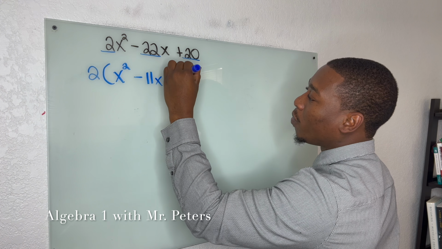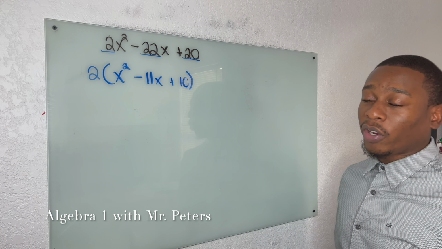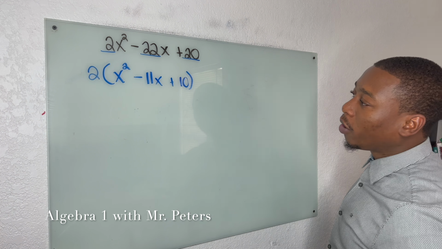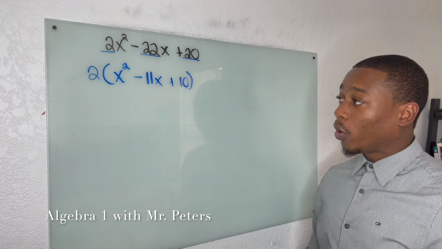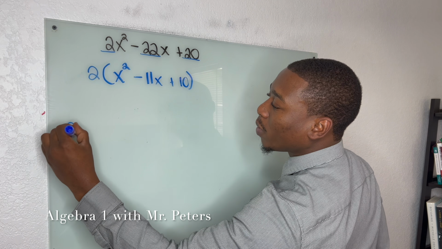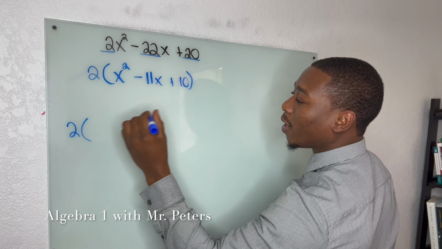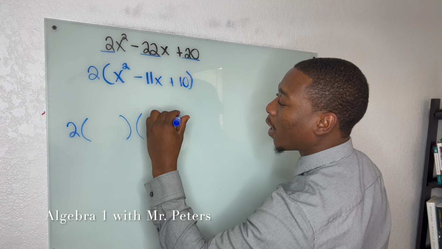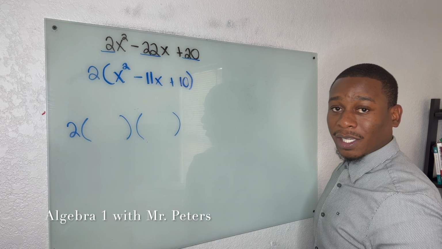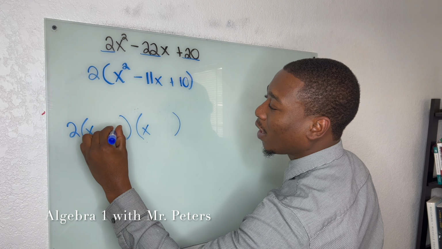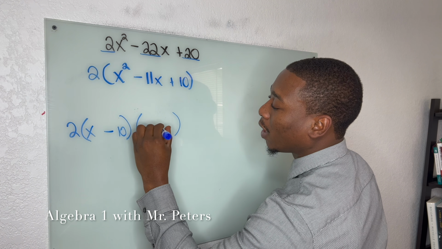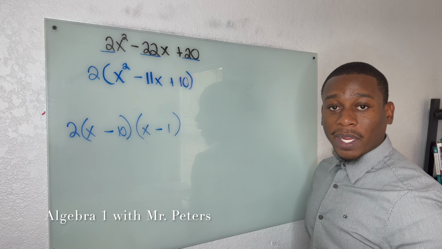So now, after we pull out that greatest common factor, we're now going to focus our attention to what's inside the parentheses only. Okay? So the 2 will still be out there, but we're trying to now determine what 2 binomials will give us this answer. And once I look at this, I know x minus 10 and x minus 1 would be my answer.